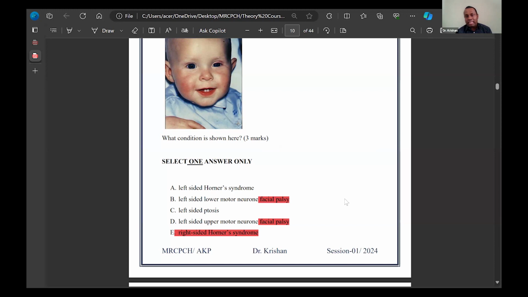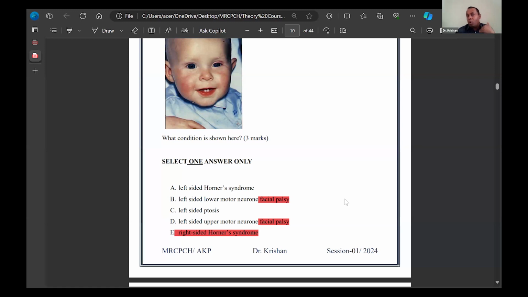Then whether it is left-sided Horner syndrome or left-sided ptosis is the question. To diagnose Horner syndrome, we need to have some extra features. They can have ptosis, and then we also have to demonstrate that they have small pupils and reduced sweating, anhidrosis.